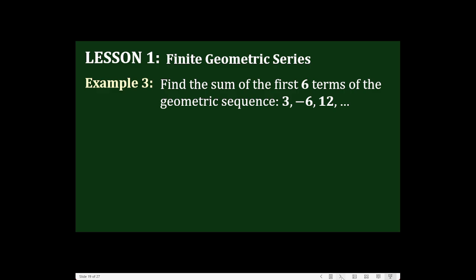Okay, we look for S sub 6. So a sub 1, or a, is 3. R, the common ratio, is negative 6 over 3, or that is negative 2. And n is equal to 6.